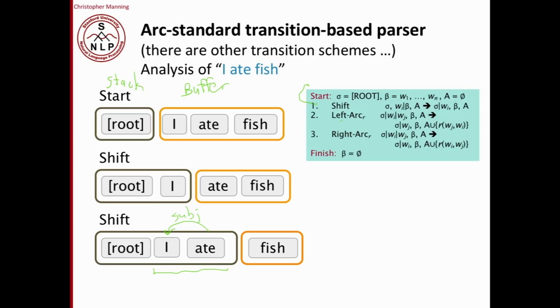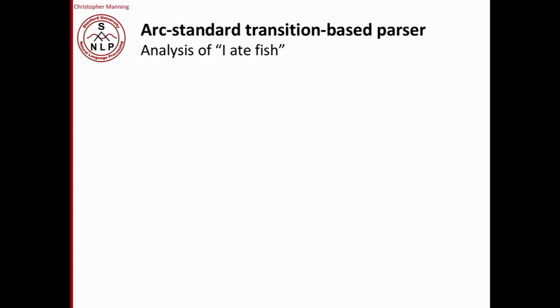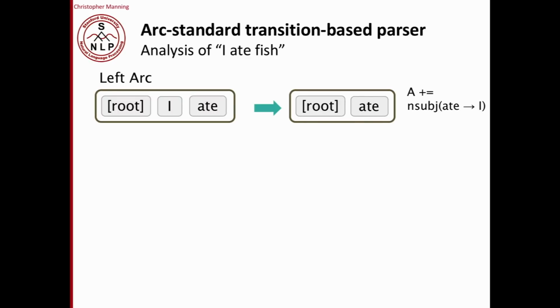And so what I'm going to do is the left arc reduction, which says, look, I'm going to treat the second from top thing on the stack as a dependent of the thing that's on top of the stack. And so when I do that, I create the second from the top thing as a subject dependent of ate, and I leave the head, ate, on the stack, but I add this dependency to the dependencies I've built. Okay, so I do that.